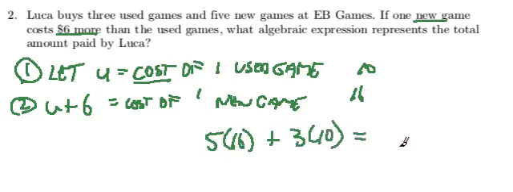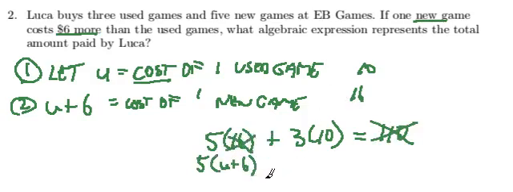This actual number here that I'll get is really not important. What's more important is what I did here. 5 times 16, where 16 was just meant to be the price of a new game. I'm going to cross out the number and throw in the algebraic expression. This 10 here wasn't important either. That was just a made-up number to represent the cost of a used game.